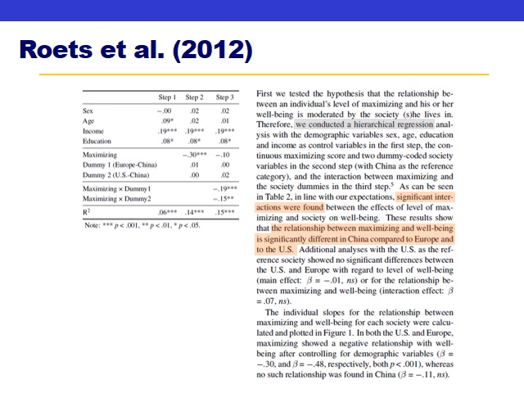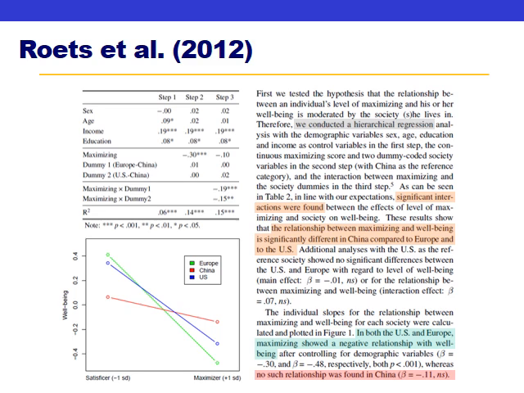They found significant interactions. And here in the table, they report both interaction terms, which they added in their final block, and both were significant. And then they actually showed their interaction in a graph, which is something we're going to learn how to do very soon. So in both the US and Europe, maximizing showed a negative relationship with well-being, but there was no such relationship in China.